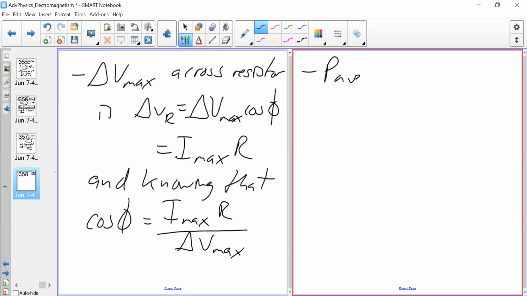So we have average power equals I RMS delta V RMS cosine phi. We have an expression for that.